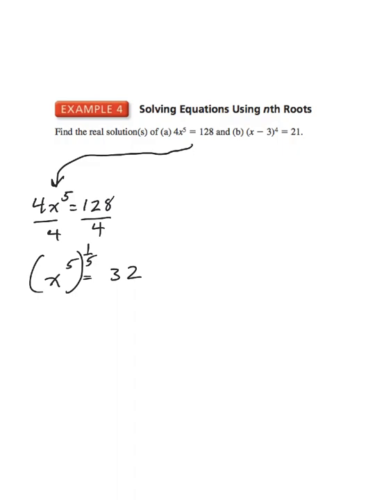Does anyone know what 5 times 1/5 is? 1. If I do the left side, I also have to do the right side. Can you see what's going on? Now I get x equals the 5th root of 32.